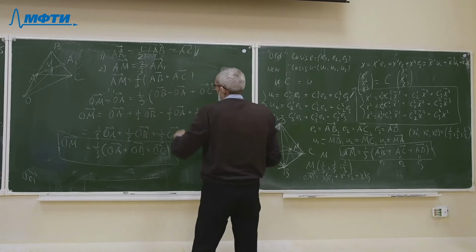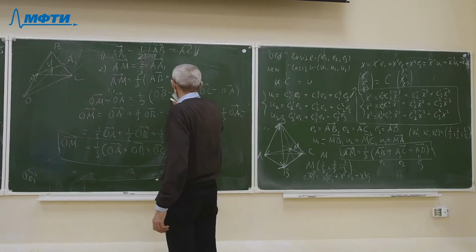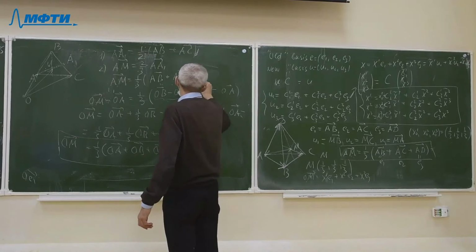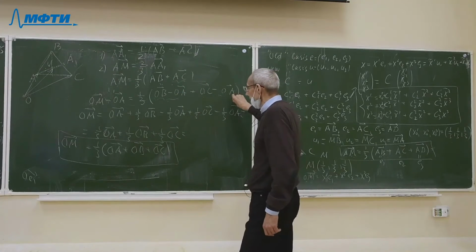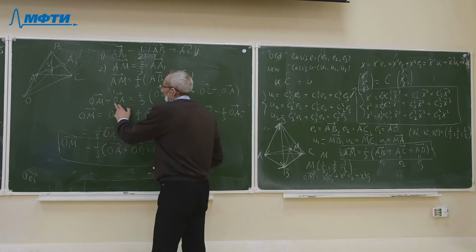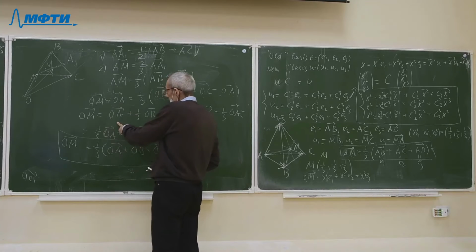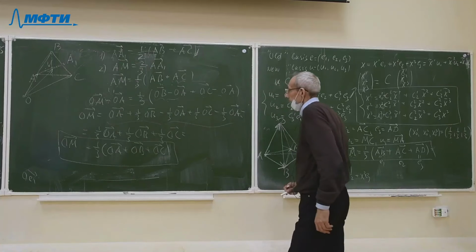And after that, I change AB by the difference OB minus OA. AC is equal to OC minus OA. And I transfer OA to the right side and change sign. And we obtain the final expression.